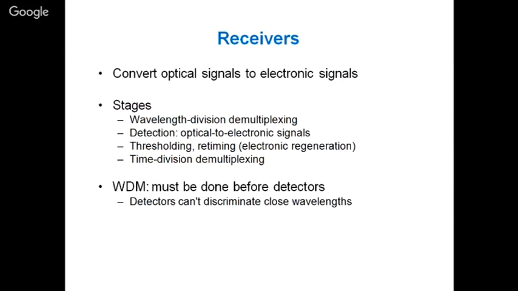You want to convert it back to that information. Just like we have transmitters built in, I showed you a small transmitter, in the same way at the other end you want to build a receiver.